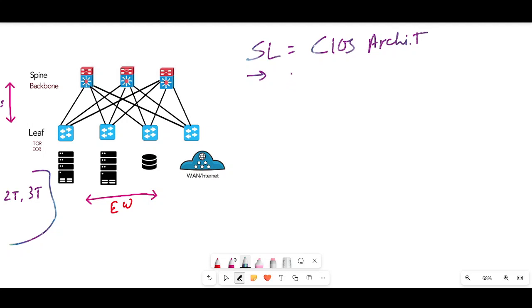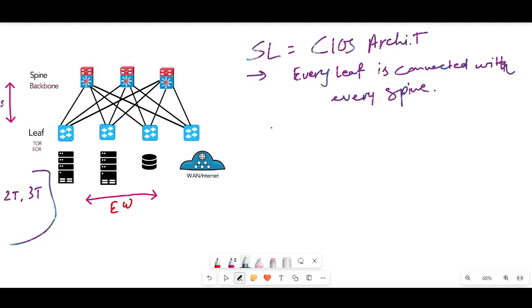So the first point is that every leaf is connected with every spine.